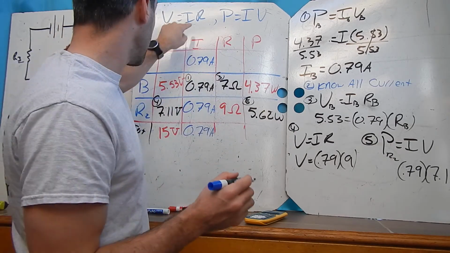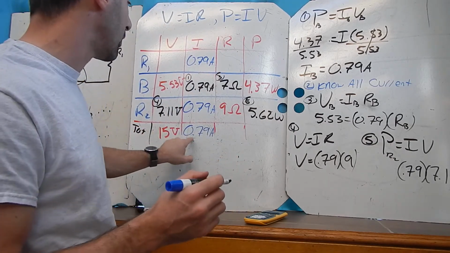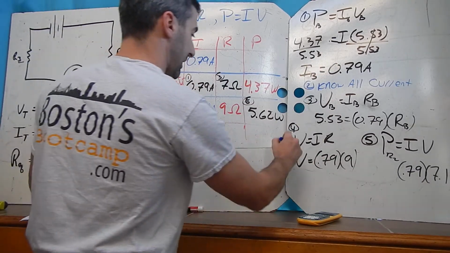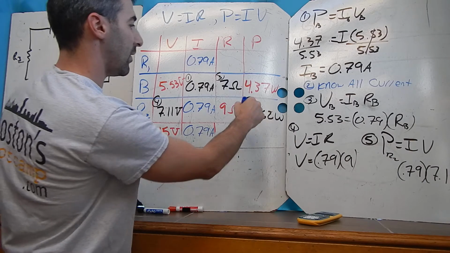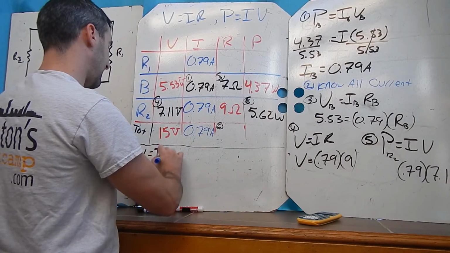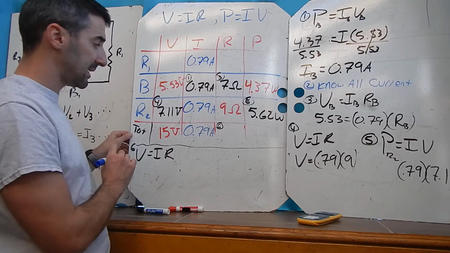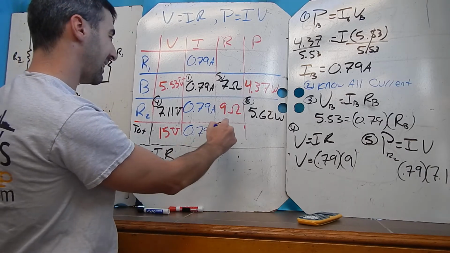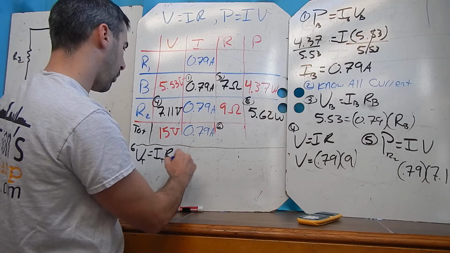Still with these simple equations. Voltage equals I times R. I'm kind of out of room there, so I'm going to move over here. I know that's backwards. So now I'm at step number 6. V equals I times R. Step number 6. I've got total. That's my total. And this is the weird word, equivalent.